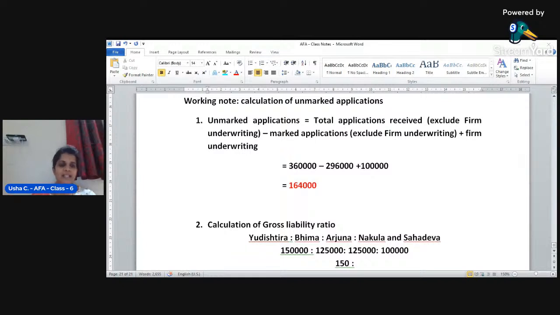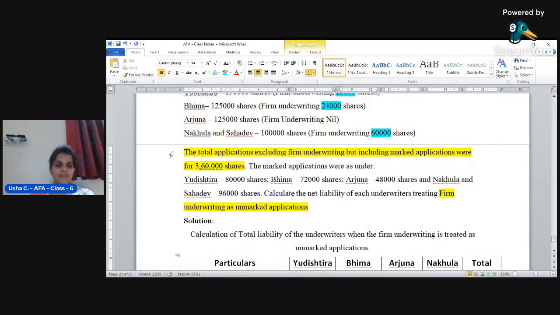Look here. Once again, I'll explain. This unmarked application we can calculate by using the formula of total applications received excluding firm underwriting, minus marked applications excluding firm underwriting, plus firm underwriting. So here total applications received, if you see the problem, is 3,60,000.